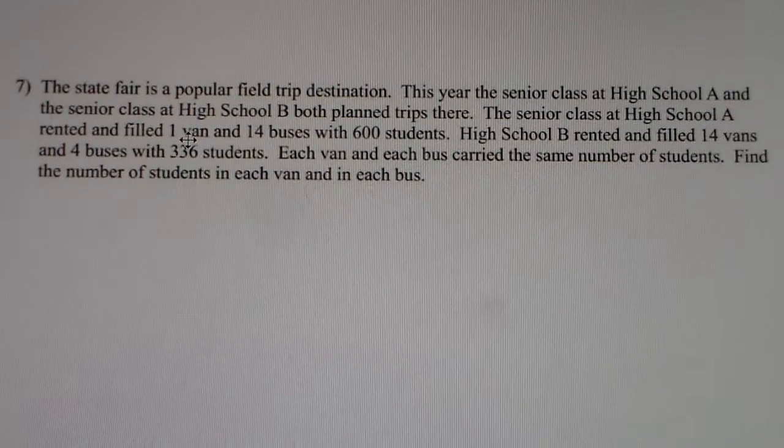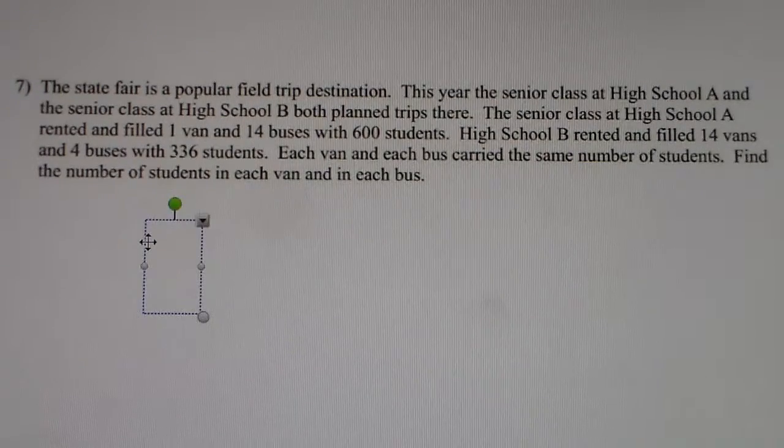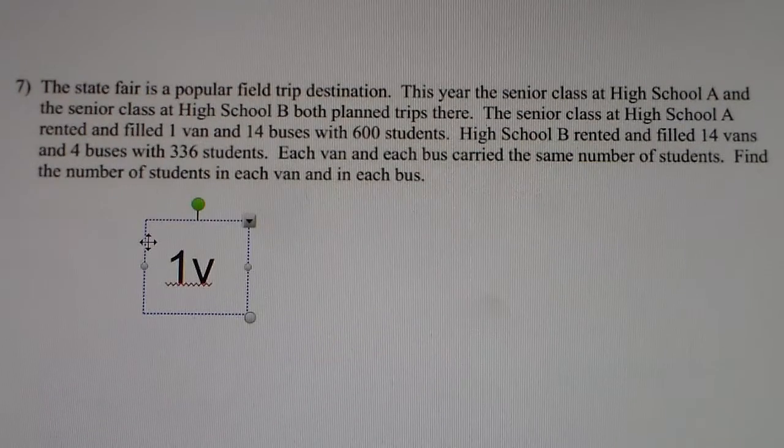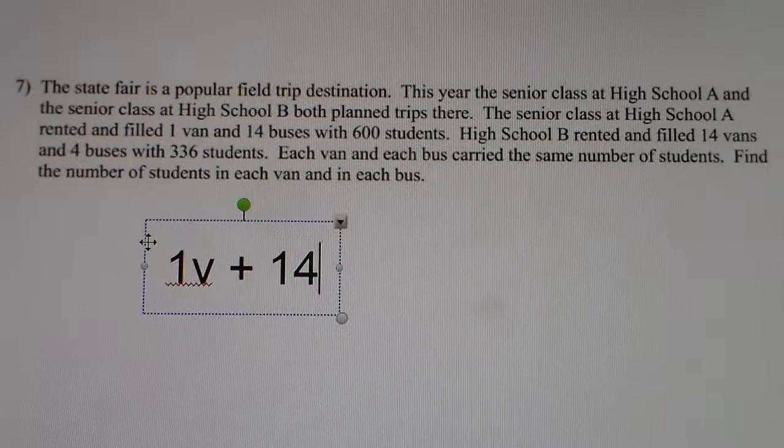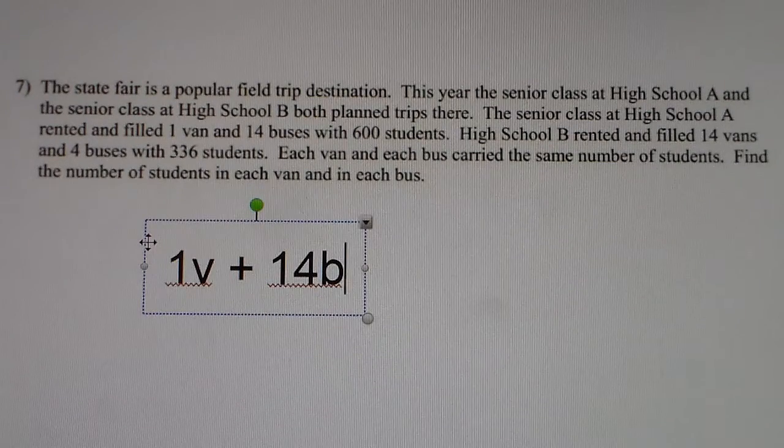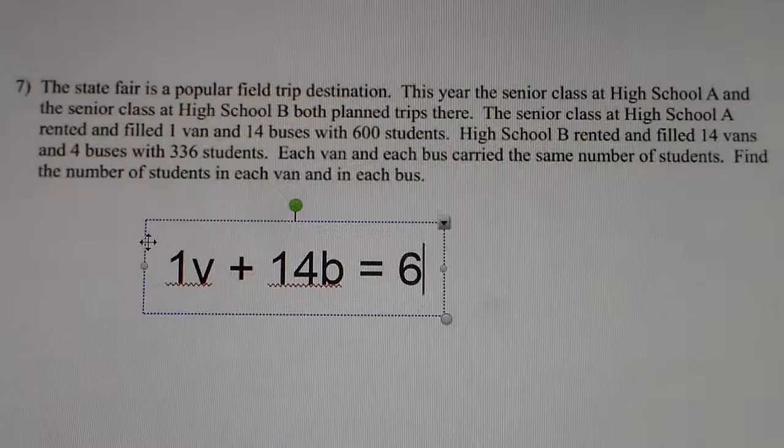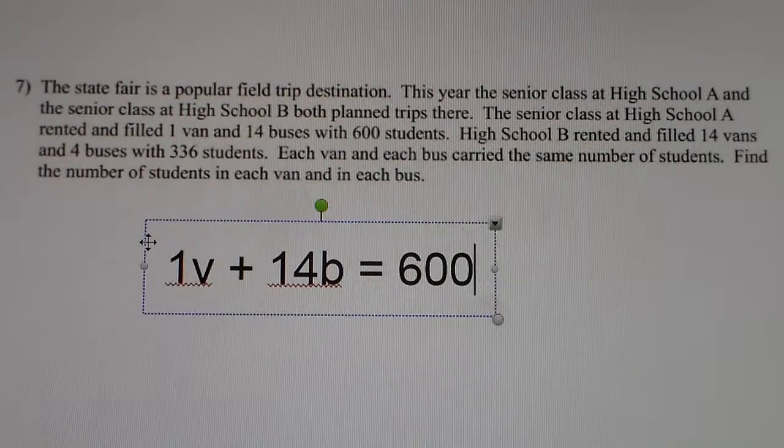The state fair is a popular field trip destination. This year, the senior class at High School A and the senior class at High School B both planned trips there. The senior class at High School A rented and filled 1 van and 14 buses. So I'm going to use 1V plus 14B, B for buses, which equals 600 students.